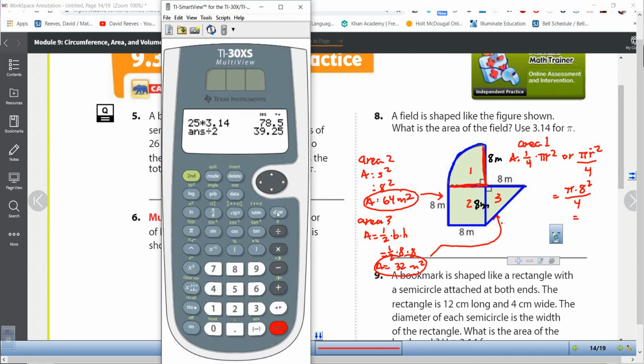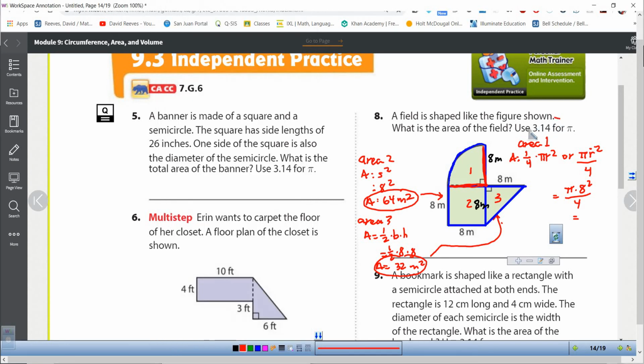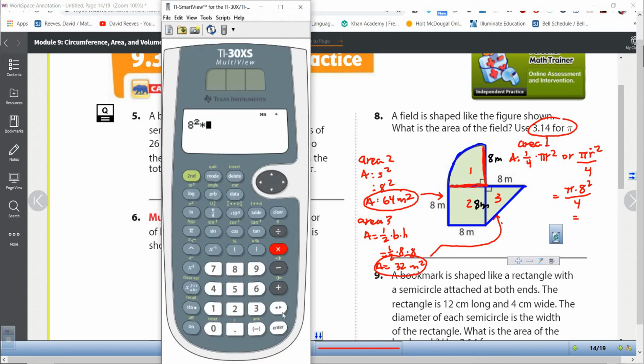So let's pull that calculator back up, clear it all out. And again, I'm going to start with the radius squared. 8 squared. There's my squared button. 8 times 8. And then I'm going to multiply it by. Now again, I might be tempted to push that pi button. But what do they say right here? Use 3.14 for pi. So I'm going to use 3.14 for pi.